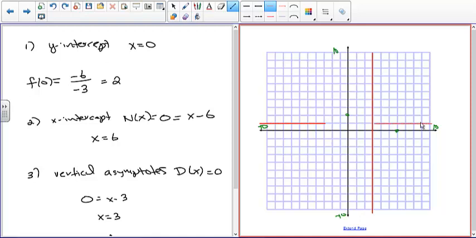Now, I could pick some extra points. If I did, I might pick a point here at x equals 1 or x equals 2, because I know this is going to go up like that. And I could pick a point here at x equals 4. That would give me a point down there. But because I've got this horizontal asymptote, I know it's not going to go below there.